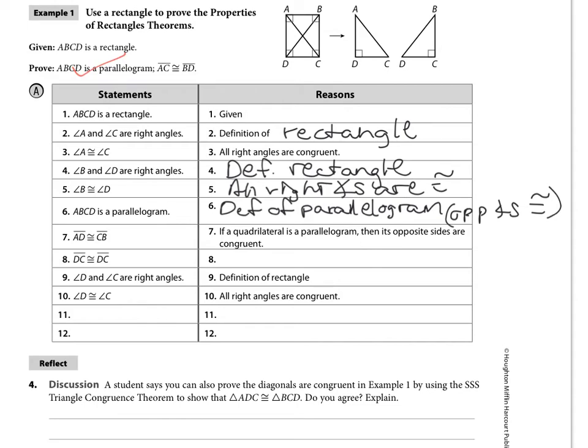Next we're going to go to that AD is congruent to CB, and that is by working with the definition of a parallelogram whose opposite sides are congruent. So I'm going to go ahead and put those markings up here on the triangles separated diagram. And then DC is congruent to DC. That's just because of our reflexive property. It's a shared side there.